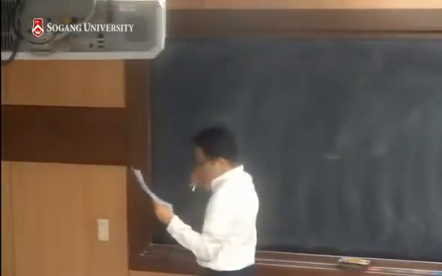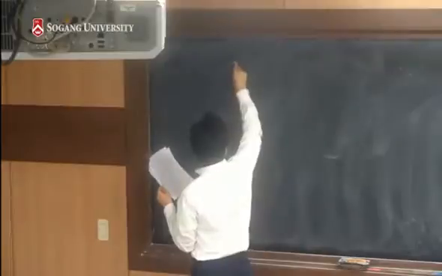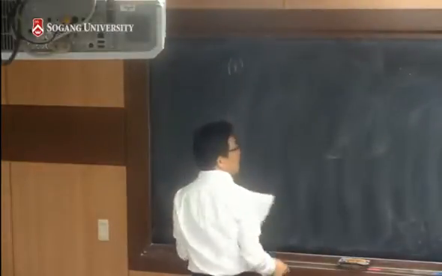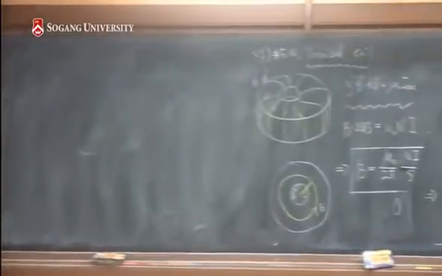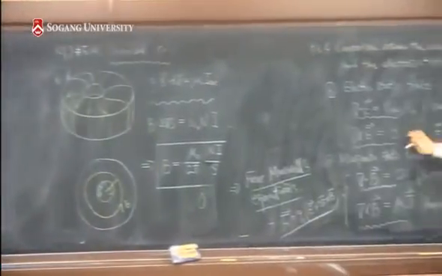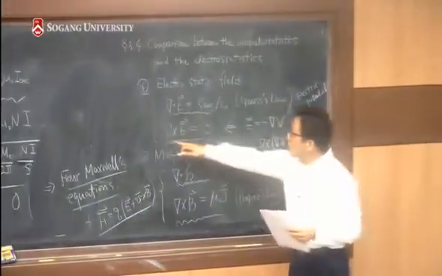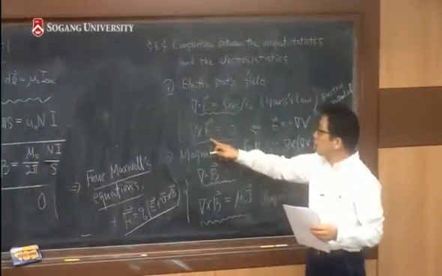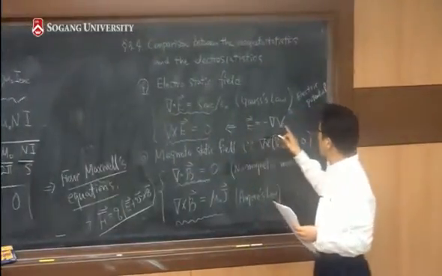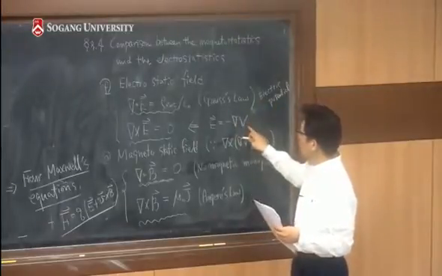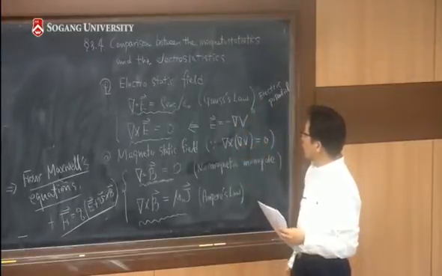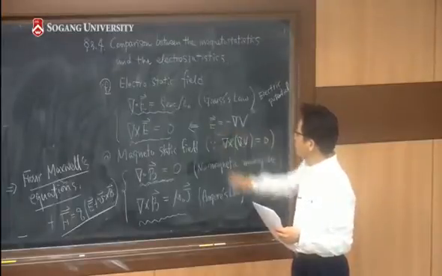But we still didn't really complete Maxwell's equations yet. For the case of the electric field, since the curl of the electric field is 0, we were able to define the electric potential, which is a scalar function whose gradient is the electric field.